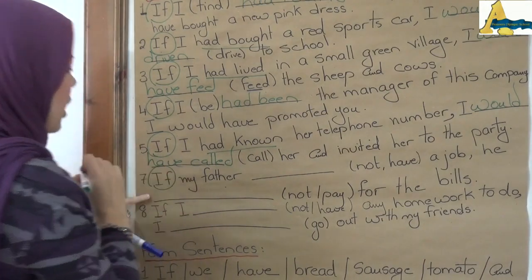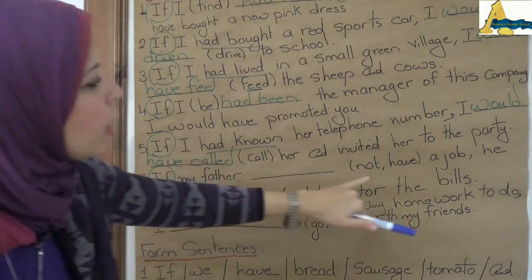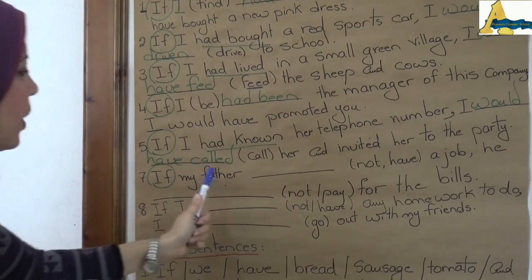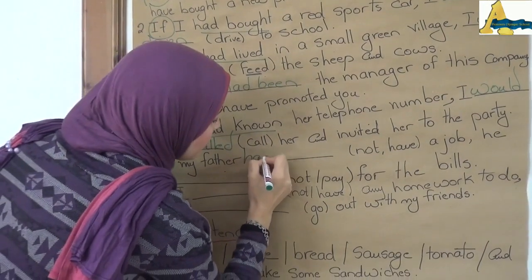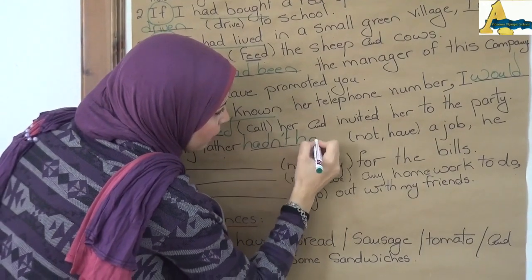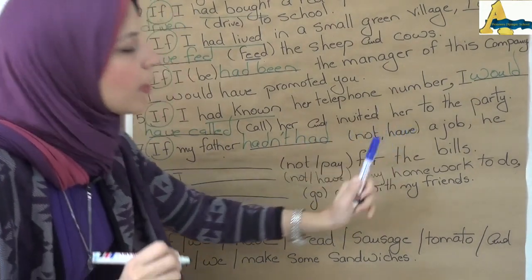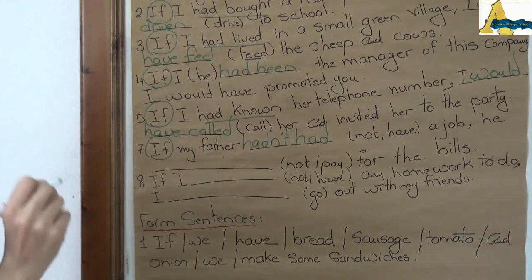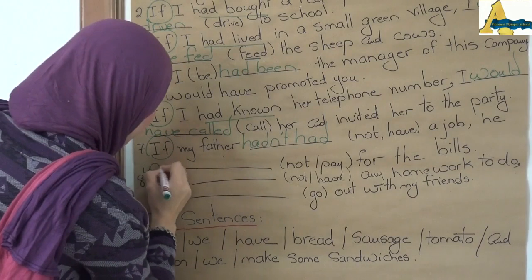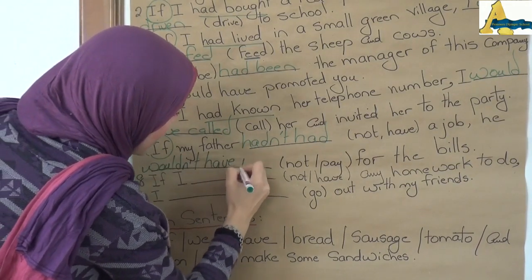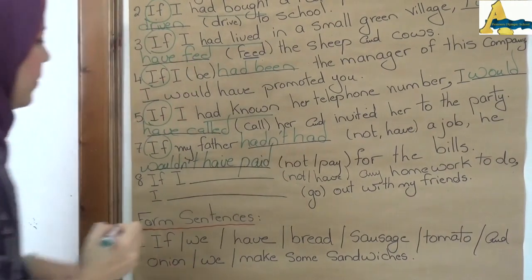7. If my father had not had a job, he would not have paid for the bills. So if my father hadn't had a job, had for the past perfect form and had the past participle of the given verb. A job, he wouldn't have paid for the bills.